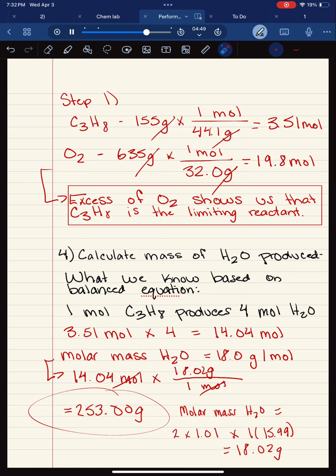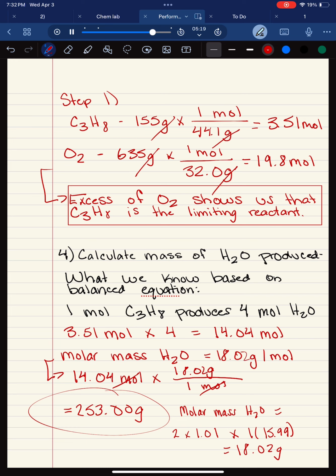That's our 14.04 moles. And then we have to multiply that by the molar mass of H2O, which is 18.02, which brings us to 253 grams, which is how much H2O was produced.